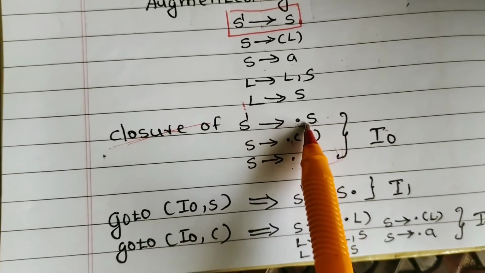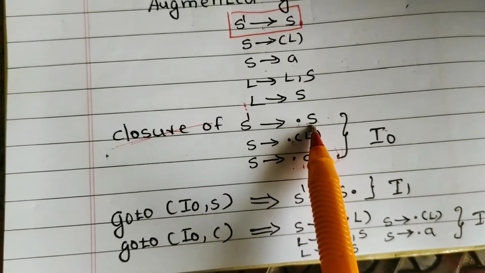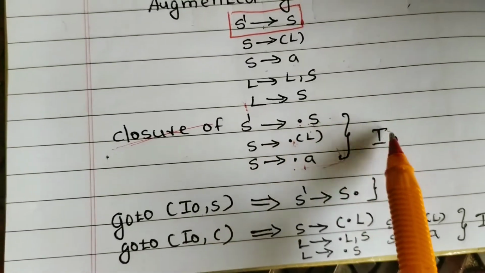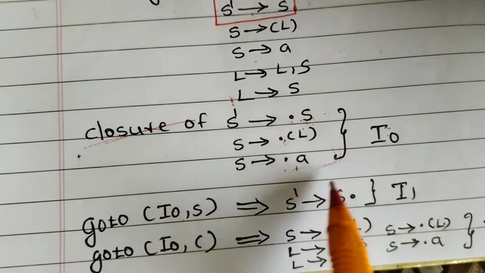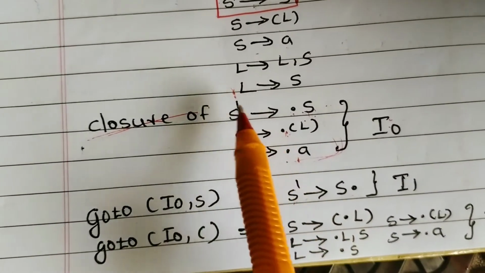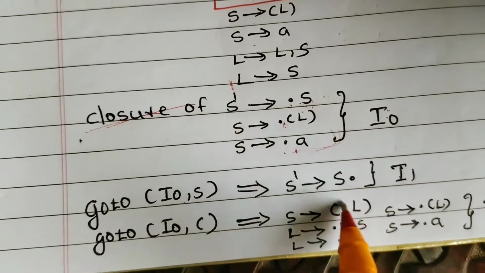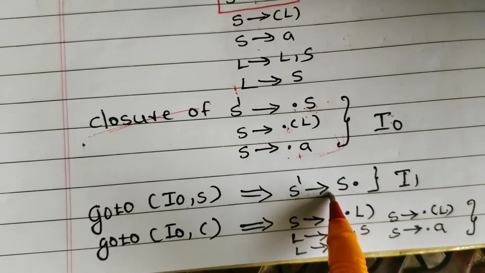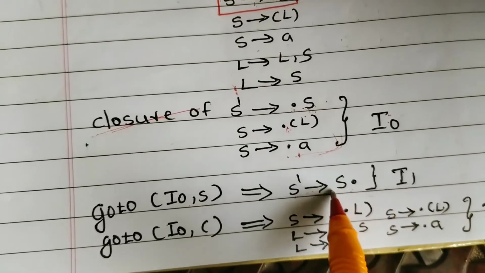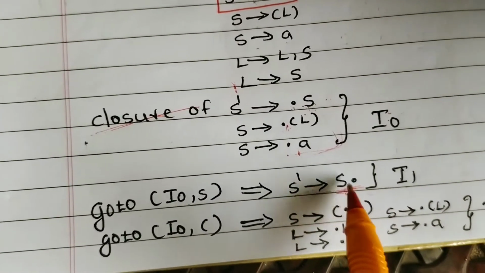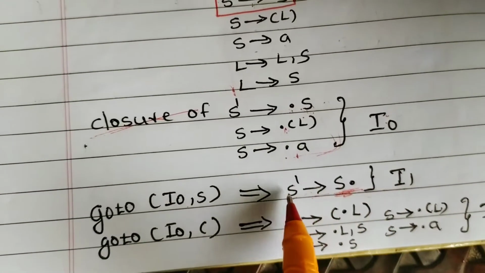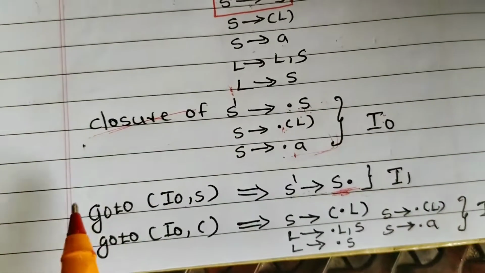So first, goto of I0 on S: S' tends to dot S becomes S' tends to S dot, and we name it I1. Here the dot has reached the end. Likewise we take the dot from the left side to the end position.